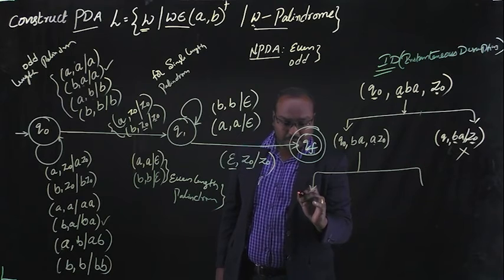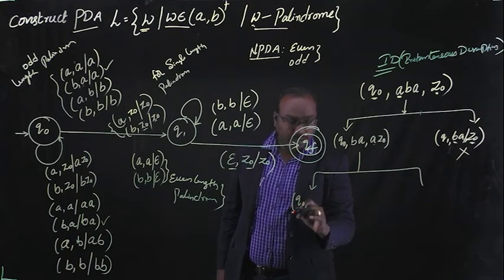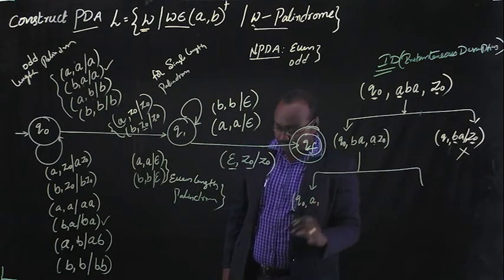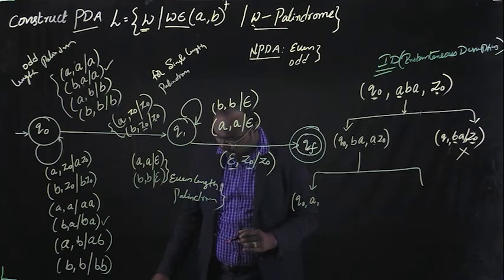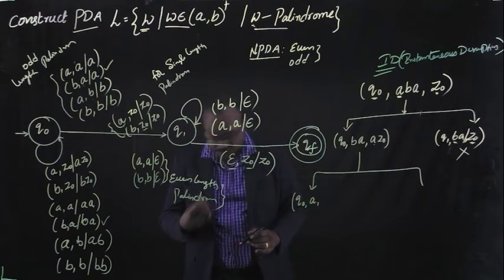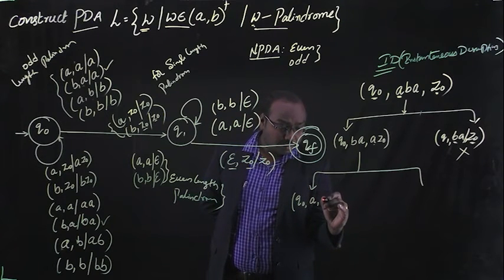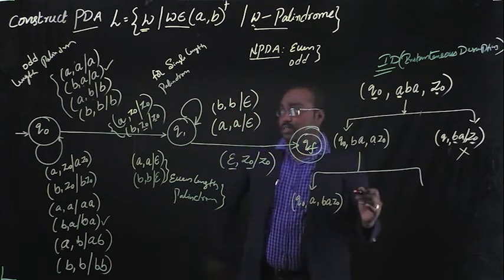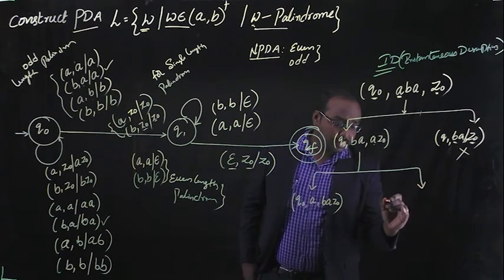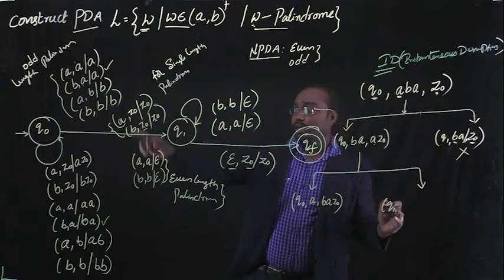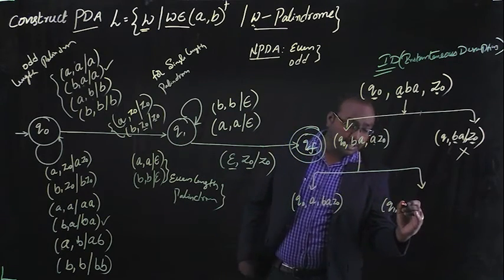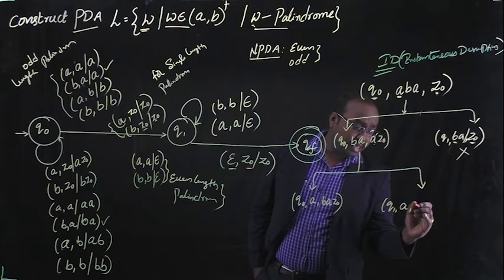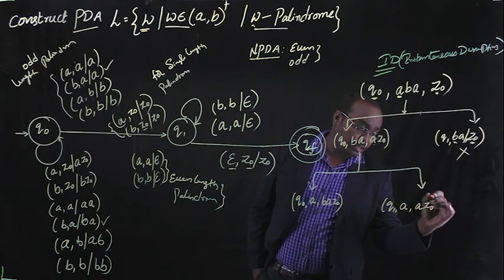On state Q0, if I see input symbol B, then push B onto the stack, giving B A Z0. And the other one, I move to the next state Q1. If the input symbol is B, leave the top symbol A as it is, that is A Z0.